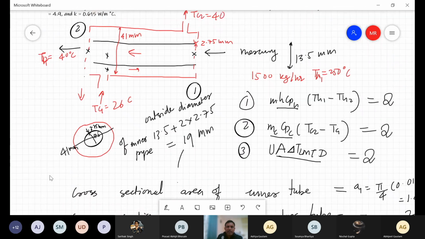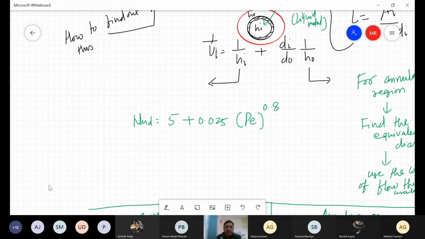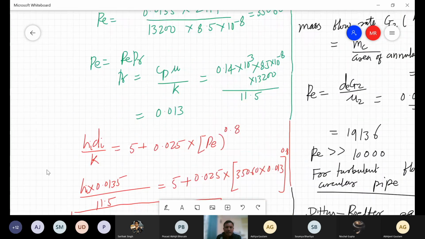At this end the temperature difference is 40 minus 26, and at end number 1 the temperature difference is 250 minus 40. So we can write that in a log mean temperature difference and calculate.